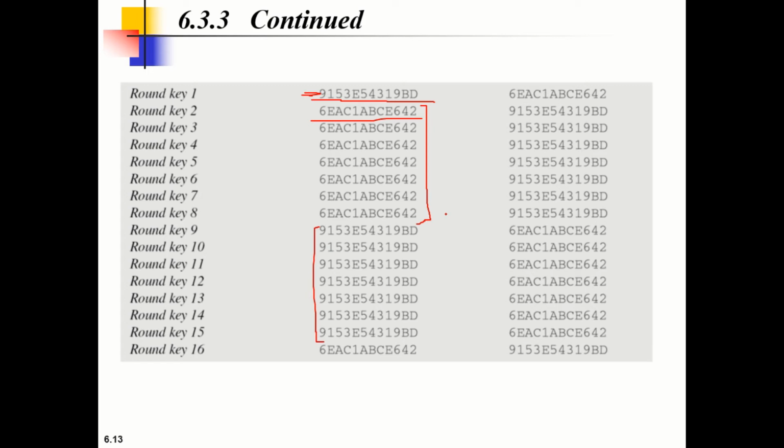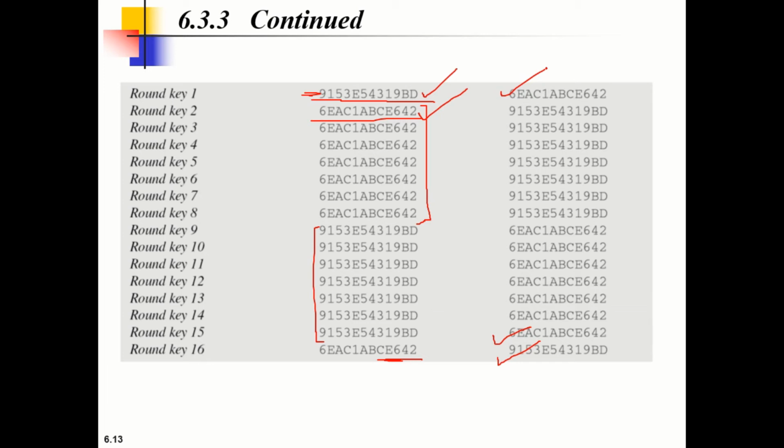And one more thing: the key which we use in round 1 is used in round 16 at the decrypting end. Then the key which we use in round 2 is used in round 15. So the order is reversed at the decrypting end, right? So the key at round 16 is the same key as at round 1. So only two keys are there.